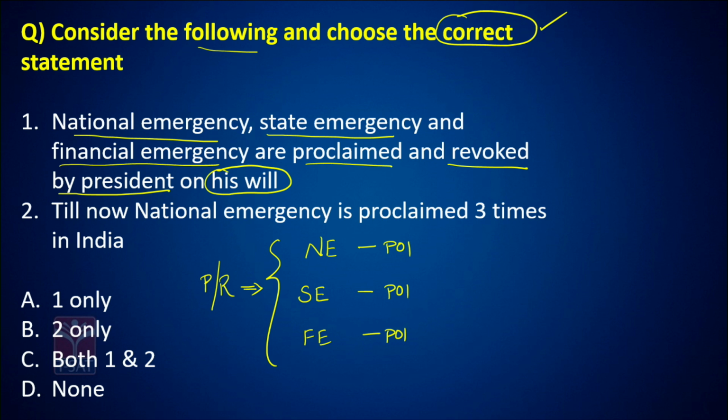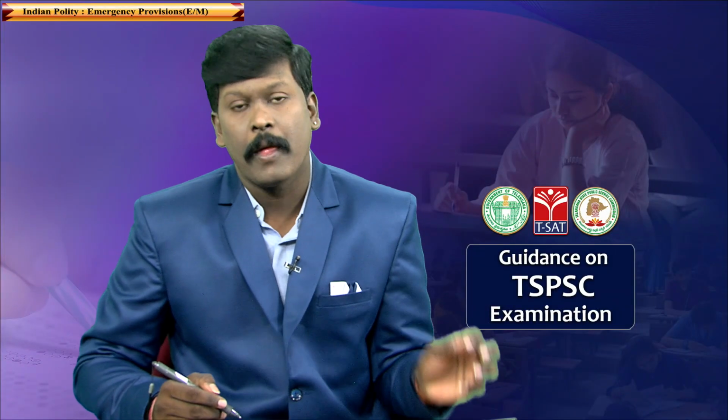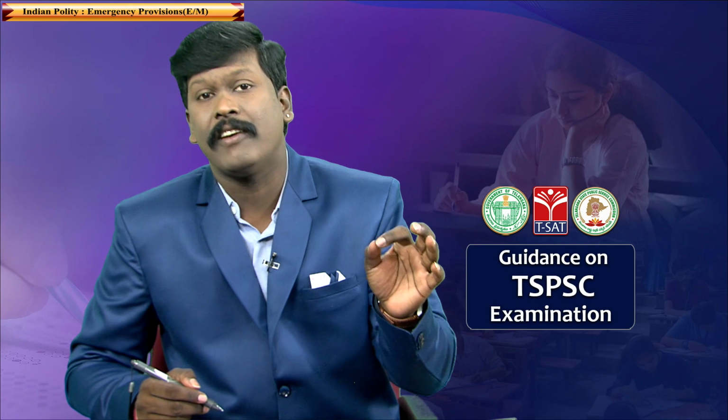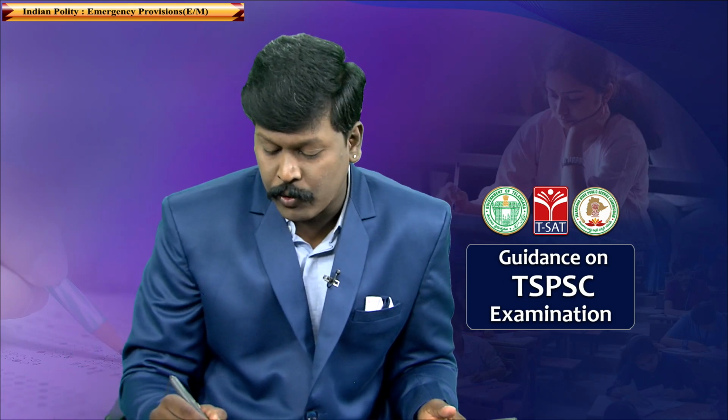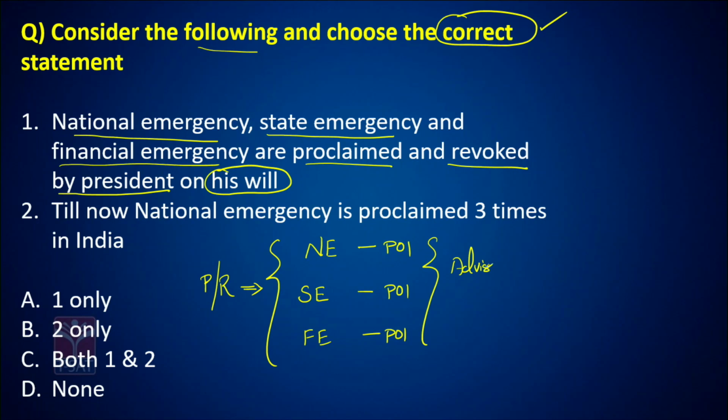but on his own will, as per his pleasure, is wrong, because the President of India has the authority to proclaim the national emergency or any type of emergency only on the advice given by the government of India.